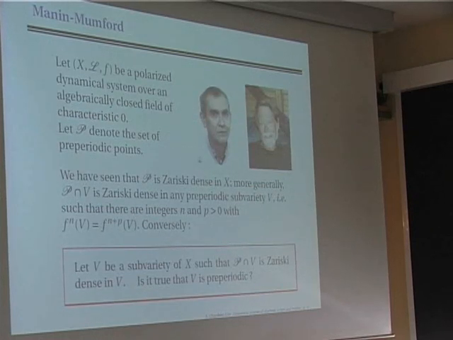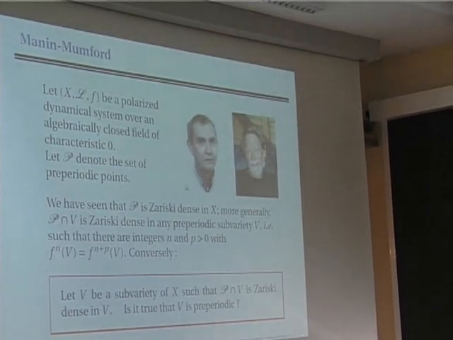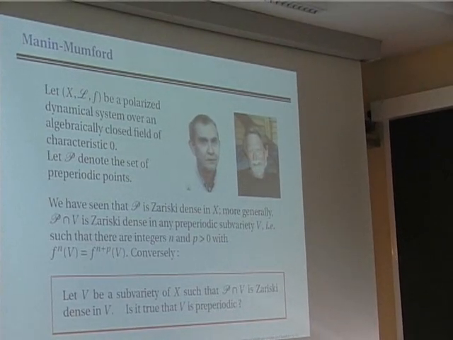So the third conjecture is the Manin-Mumford conjecture, or rather an analog of the Manin-Mumford conjecture. We consider a polarized dynamical system over, let's say, an algebraically closed field of characteristic 0.